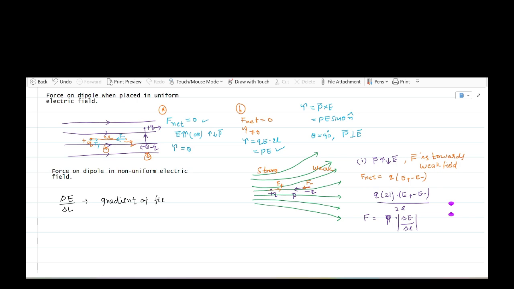I used dE by dr in finding the force when two dipoles are interacting. Now we will study dipoles and everything.